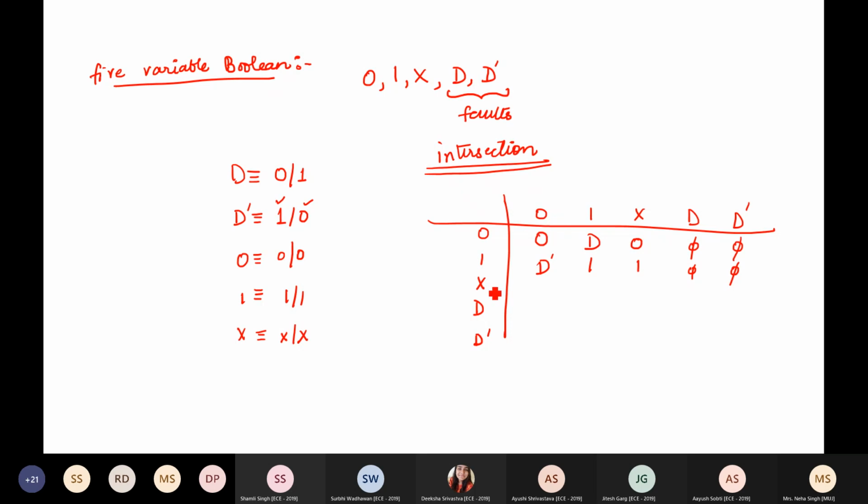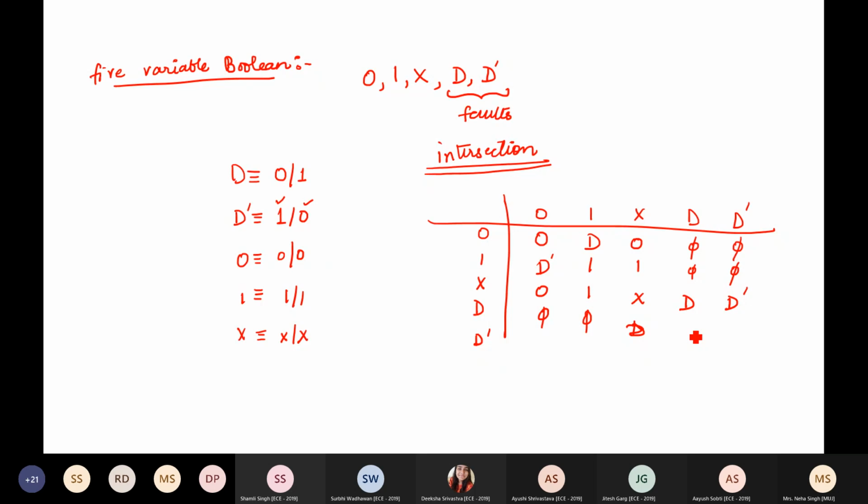X intersection 0, don't care intersection 0, will be 0. Don't care intersection 1, the value preserved. Don't care and D, the value preserved, remains D. Don't care D dash is D dash. Right? D intersection 0 not defined. D intersection 1 not defined. D intersection don't care, the value preserved.